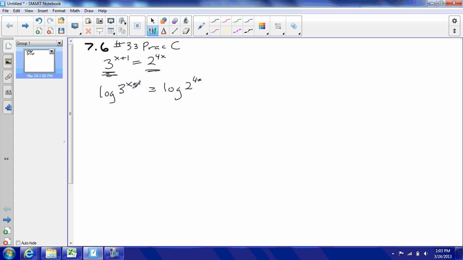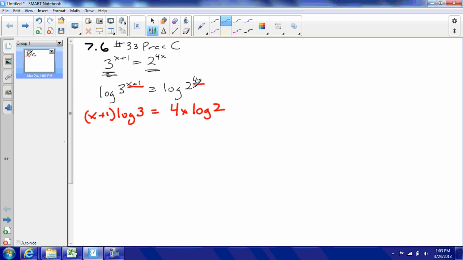But what that does now is I have a power that I'm taking a logarithm of. See, right here, I'm taking a power of that. So I can rewrite this as x plus 1 times log 3 is equal to 4x log 2.